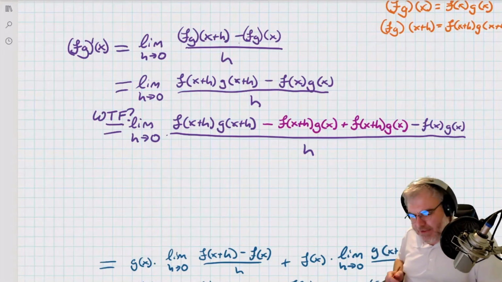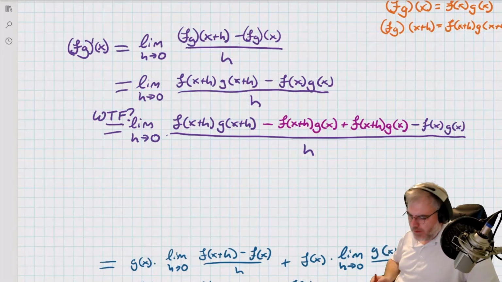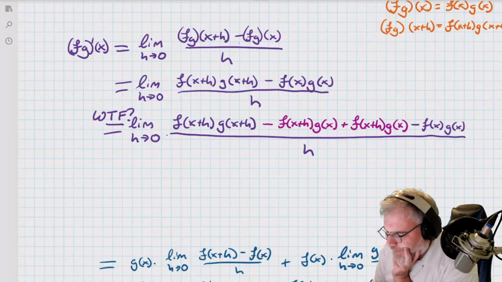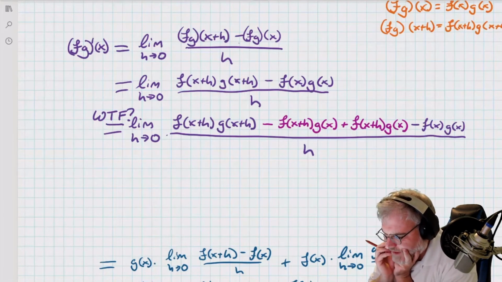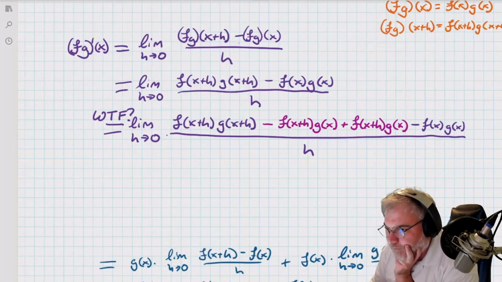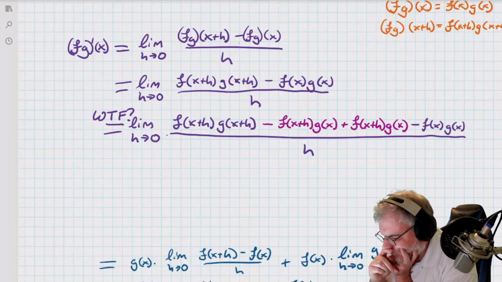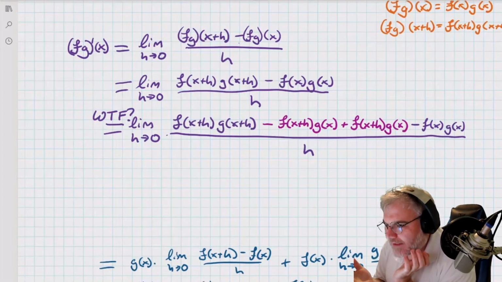But look what happened now. Now I've got a piece with f of x plus h. I've got a piece with g of x. Here's a piece that only has g of x in common. Here's a piece with only f of x plus h in common. This I could factor out pieces from. Why would I do that?